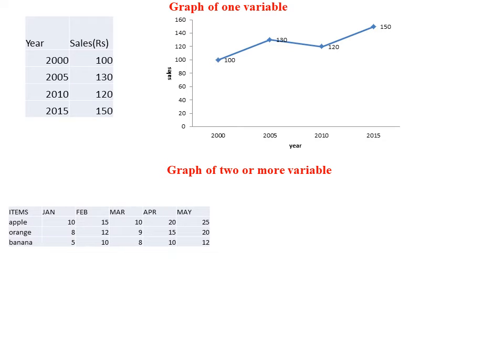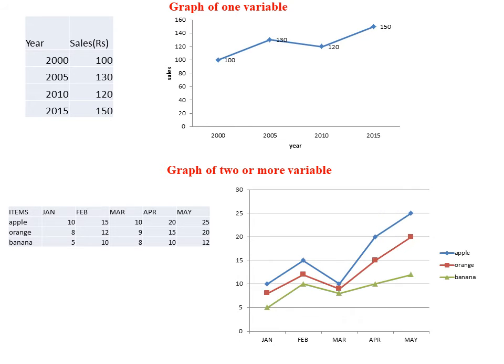For example, the yield of different crops like apple, orange, and banana in different months like January, February, March is represented in the table. It will be plotted as a line graph. It shows like this.